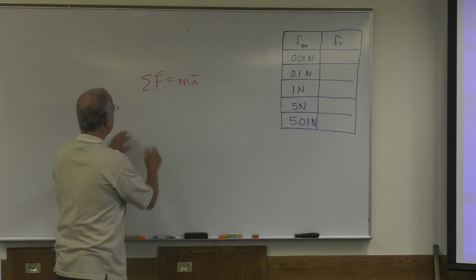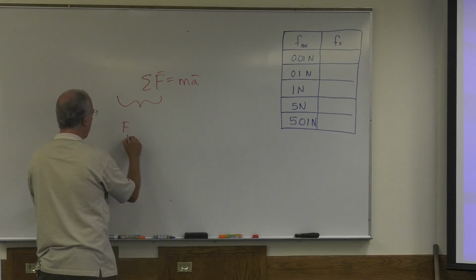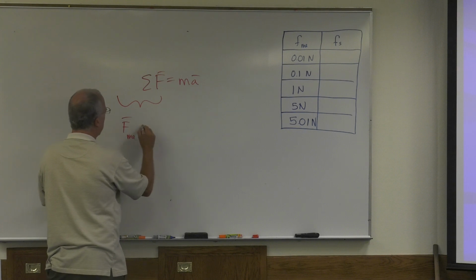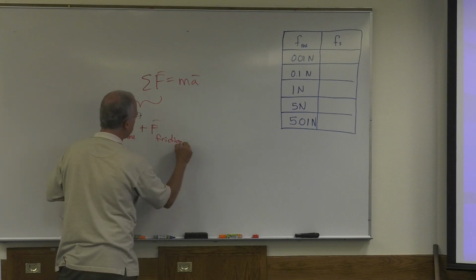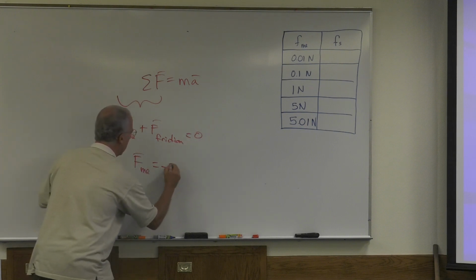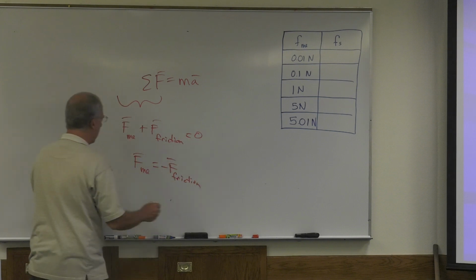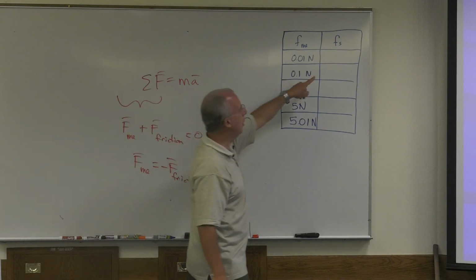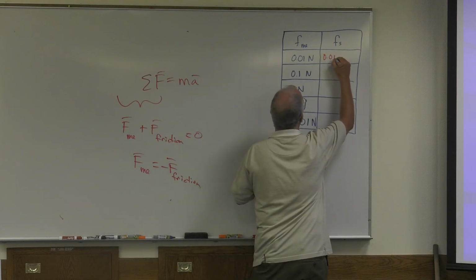Well, what's the sum of the forces? The sum of the forces is me, plus friction. And that has to be 0. So the force of me was equal and opposite to the force of friction. All right? So if I blew on it with 0.01 newtons, what's the force of static friction? 0.01 newtons.